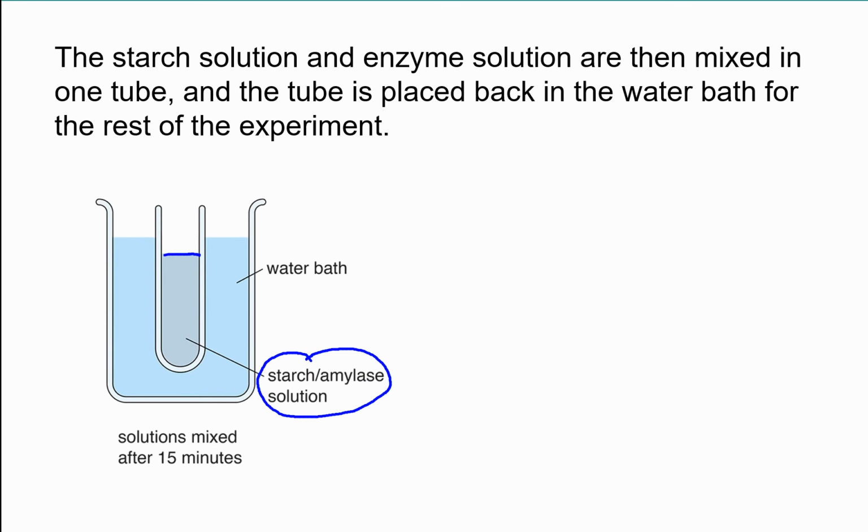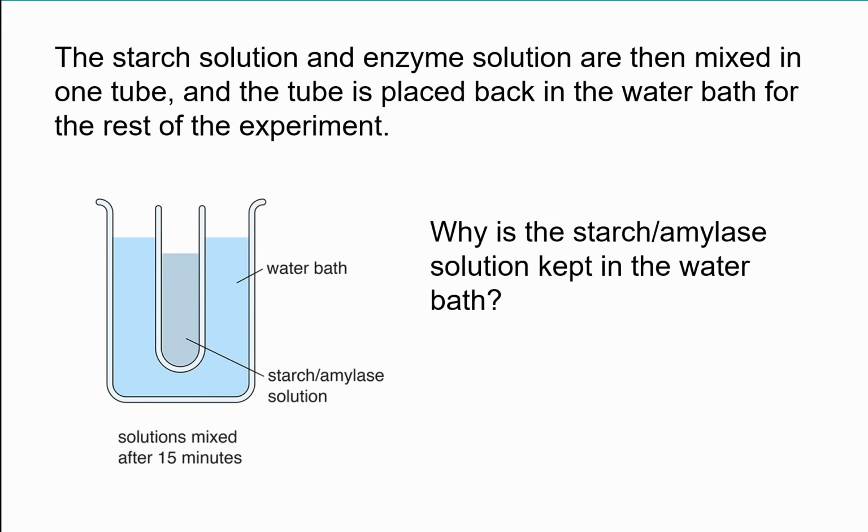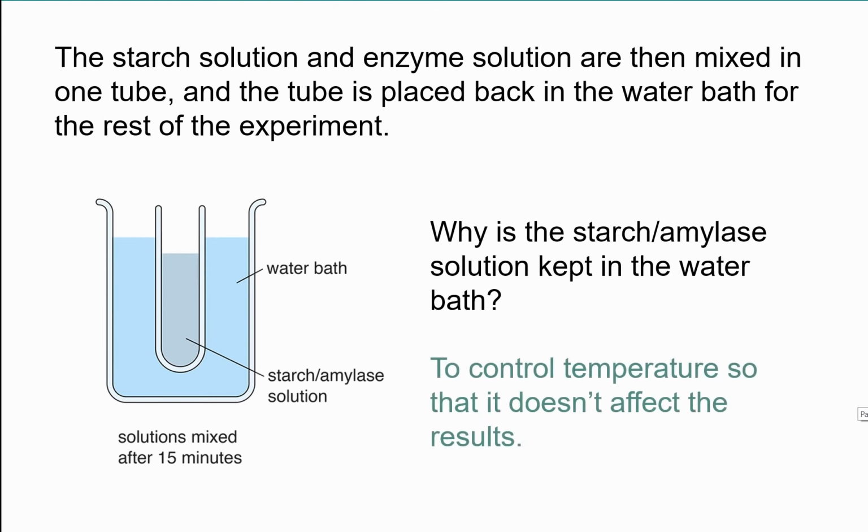It's the starch amylase solution, right? So why do we put it into the water bath? Because we are providing a controlled temperature for the enzyme so that it doesn't affect the result.